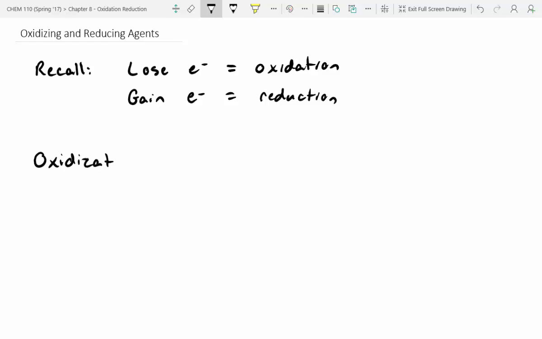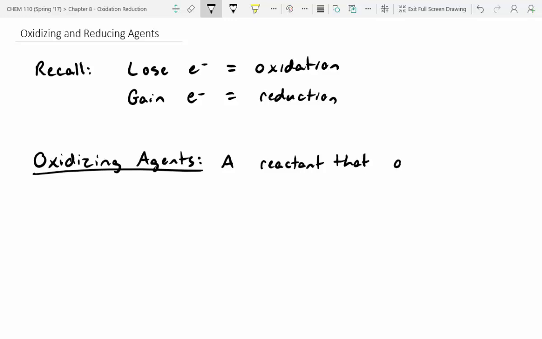Oxidizing agents are a little bit different. An oxidizing agent is defined as a reactant that oxidizes something else.